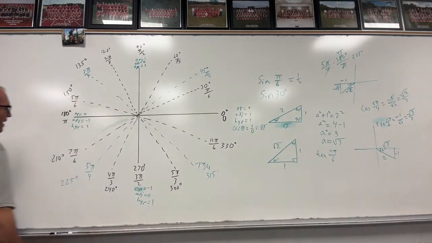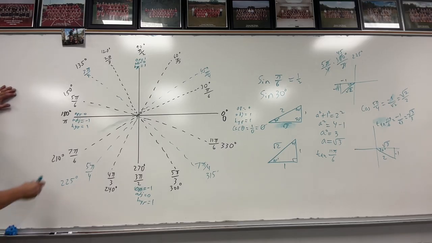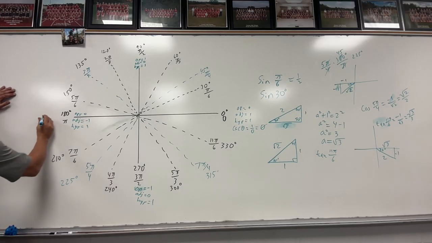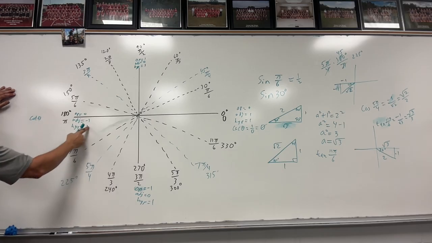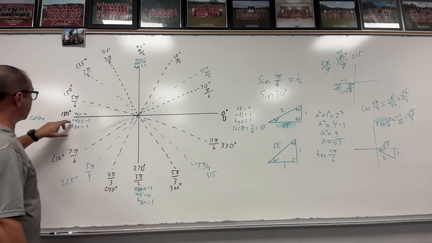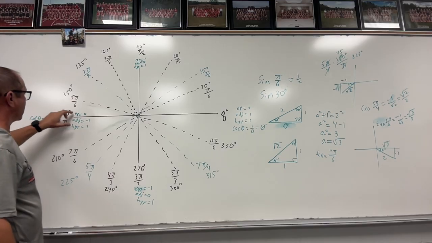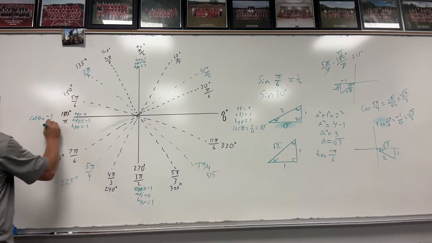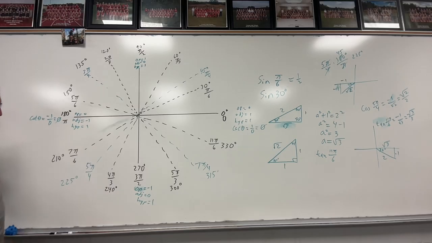And over here, let's talk about the cotangent. Cotangent is the reciprocal of tangent, so instead of opposite over adjacent, it's adjacent over opposite, so it's negative 1 over 0, which is also undefined.